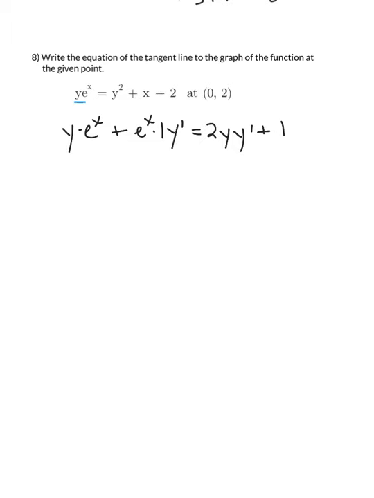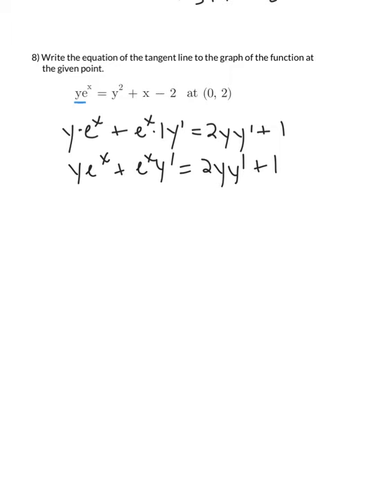So now we have y e to the x plus e to the x y prime equals 2y y prime plus 1.